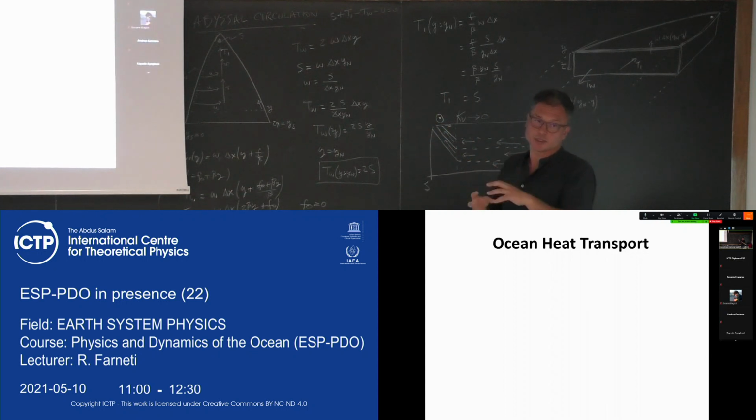But actually, even the abyssal circulation is somehow driven by the winds, because in reality, you can close this abyssal circulation by wind stress in the Southern Ocean. Only vertical diffusivity is not enough. So even the abyssal circulation is somehow driven by the wind stress, not directly, but indirectly.